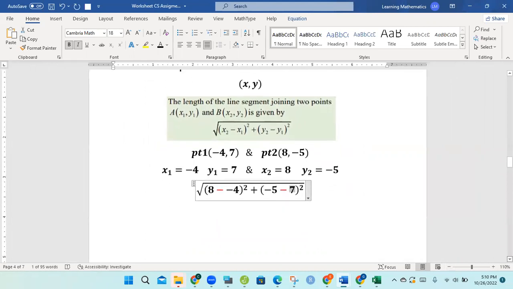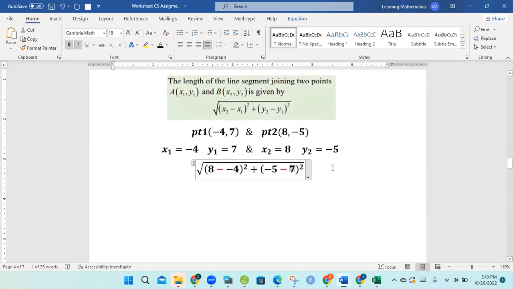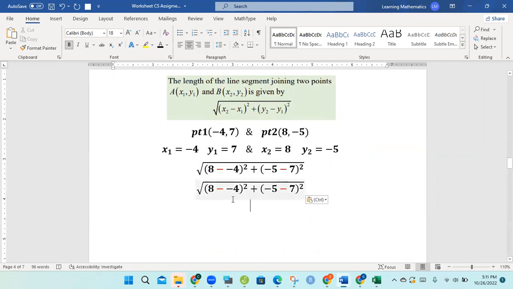So therefore now, we are going to calculate what is 8 minus a minus 4. A minus times a minus is a positive. This is not a minus and a minus. That's a minus times because they are facing each other. So it's a times that's going on between them. A minus times a minus is a positive. And a minus and a minus is a minus.